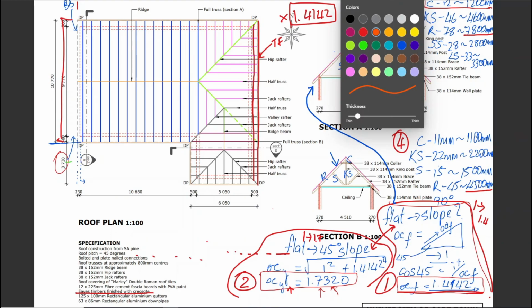And thankfully these have previously been done when you did your wrought and shaped ends.